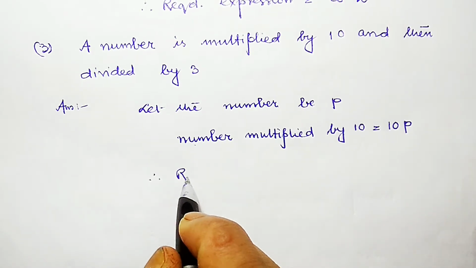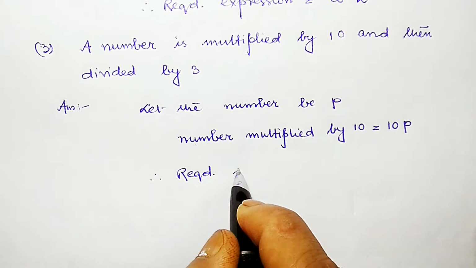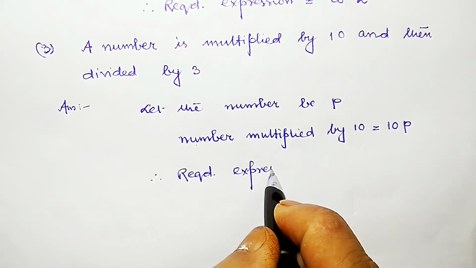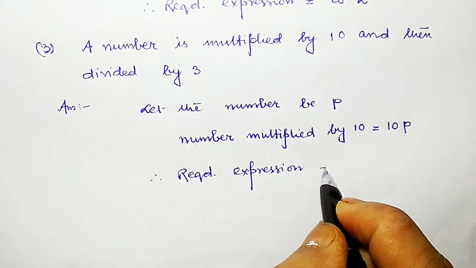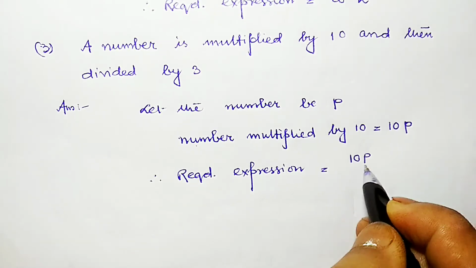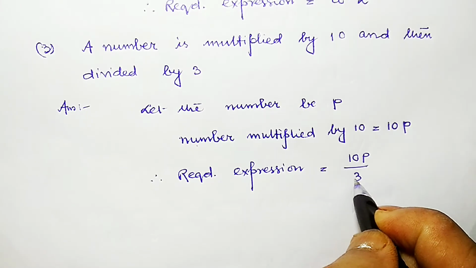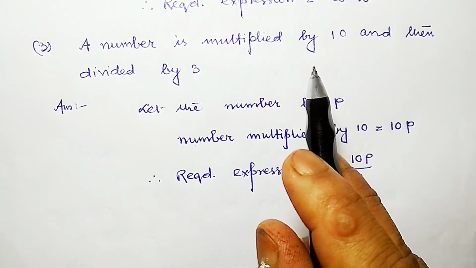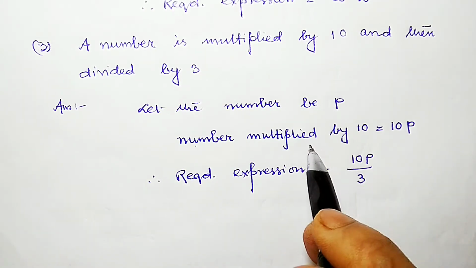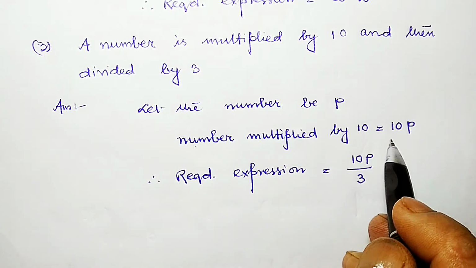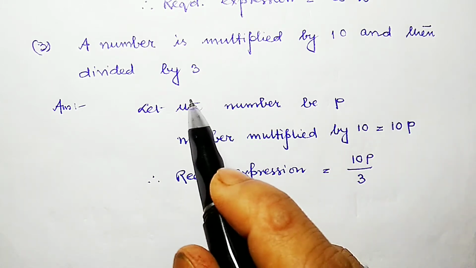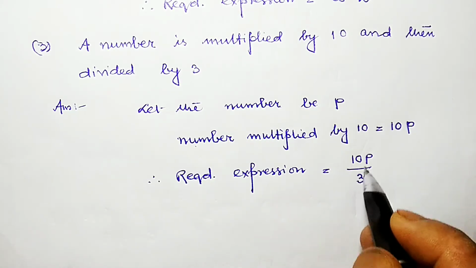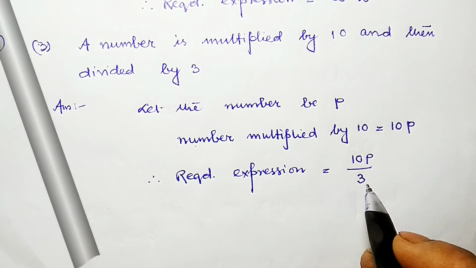Therefore, the required expression is 10p divided by 3. A number is multiplied by 10, the number is p. So if I multiply by 10, it will be 10p and then divided by 3. That means 10p by 3 is the required expression.